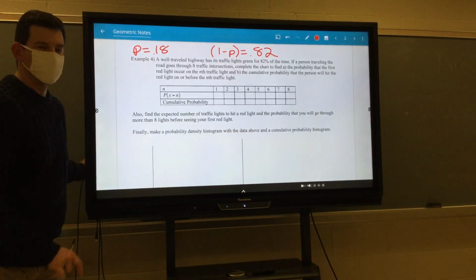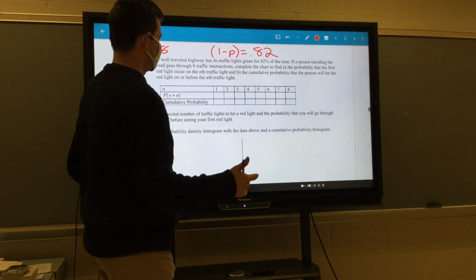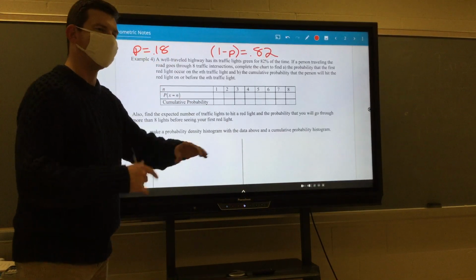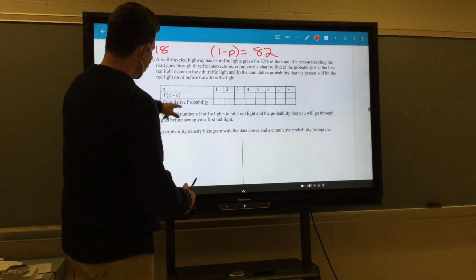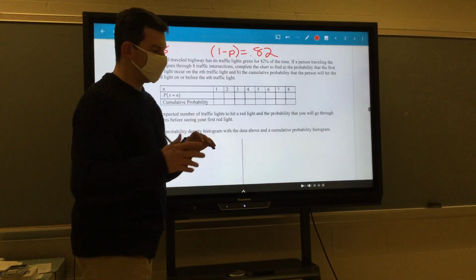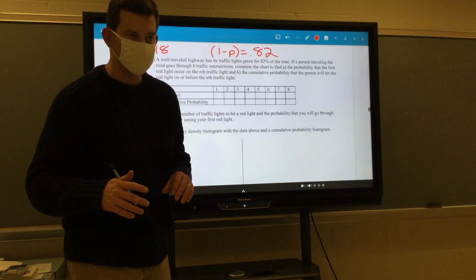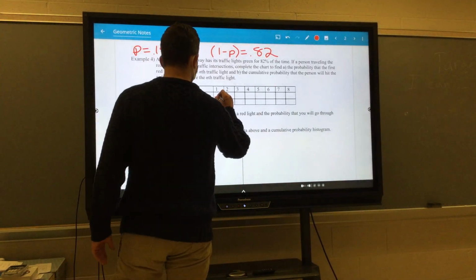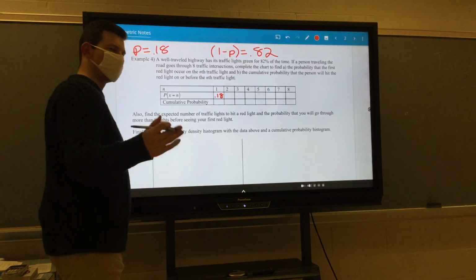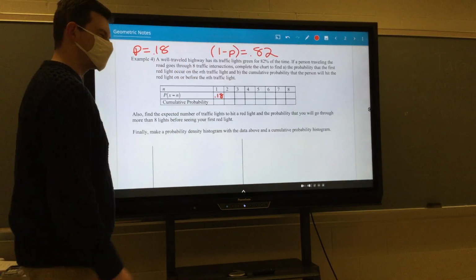Continuing on here, we're not going to write out this full chart, but I want you to see how these probabilities fit together. Okay? So, we're driving along to the very first intersection that we get to. There's an 18% chance of it being red. There's that probability that our first intersection is a success.